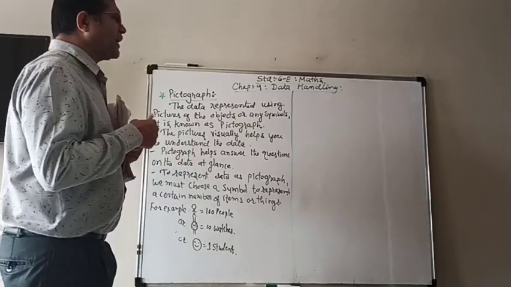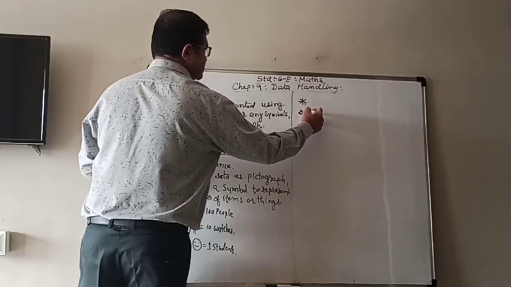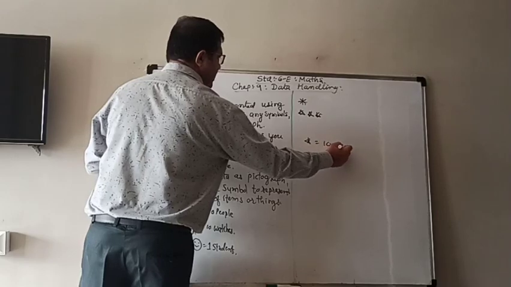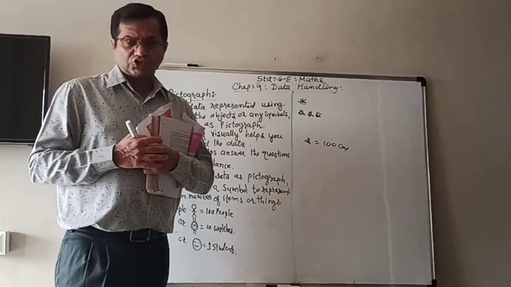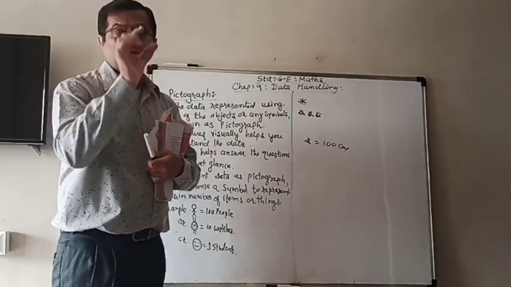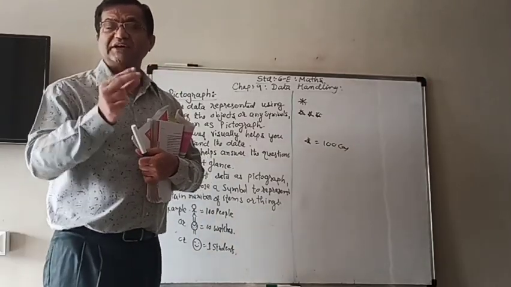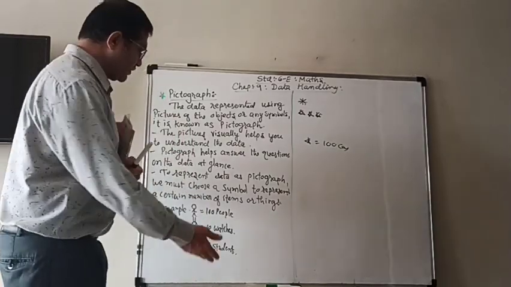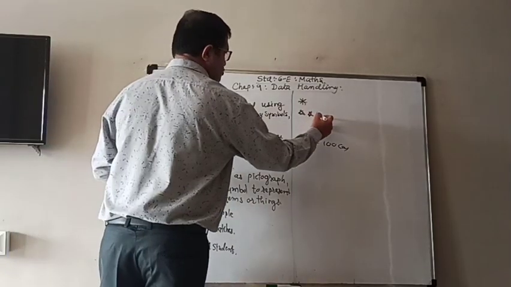You can use any type of symbols, like an asterisk or stars. You just have to write down that one star is equal to 100 cars, because not everybody is good at drawing. So you can use your own. But whatever symbol or picture you take, mention how many of that particular object it represents.